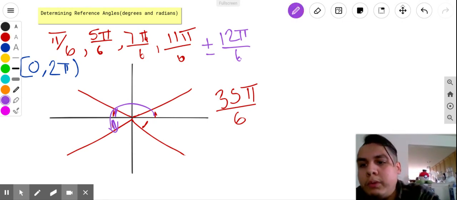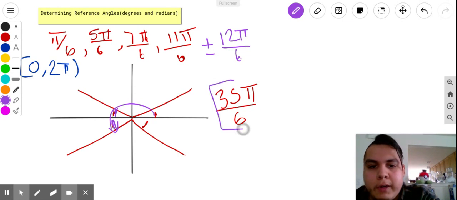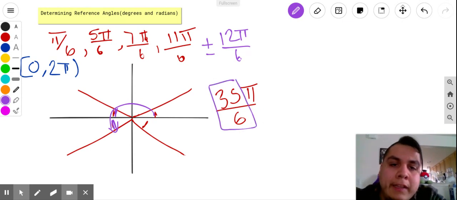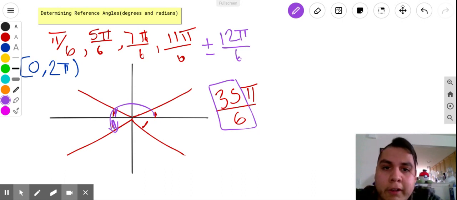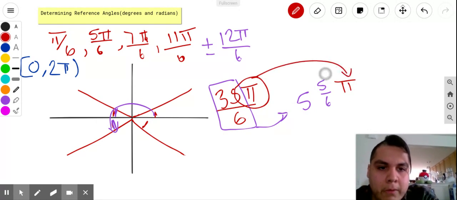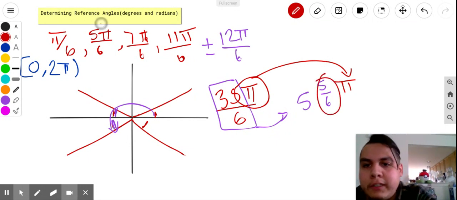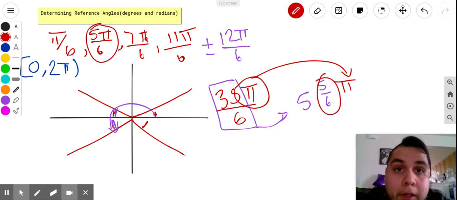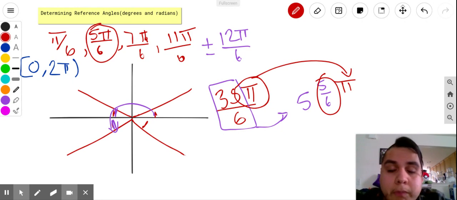I'm going to look at the fraction right here. The pi is just to let me know that it's going to be in radians right now. And 35 over 6 is 5 and 5/6. Because it has the pi still from over here, well, I see the 5 pi over 6, I'm done. It has a reference angle of pi over 6.